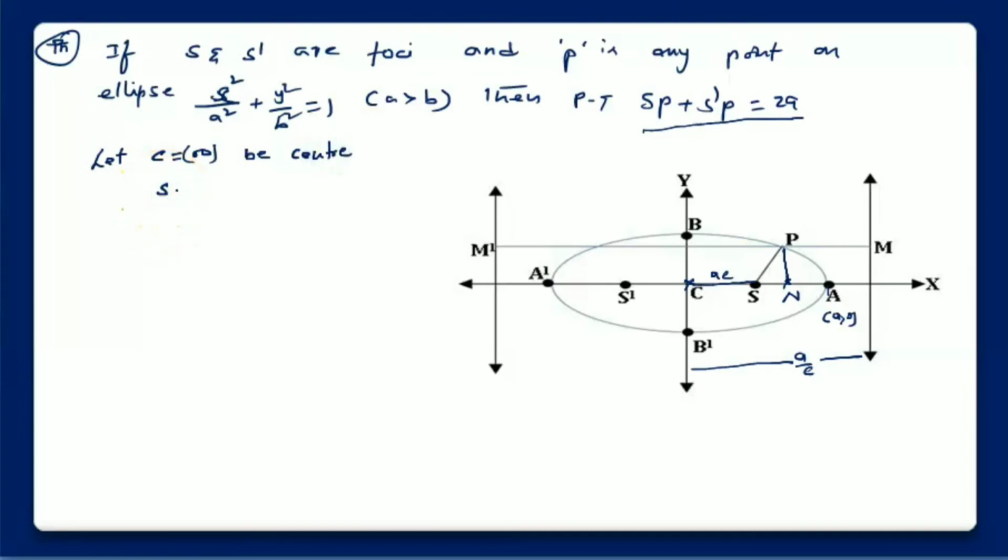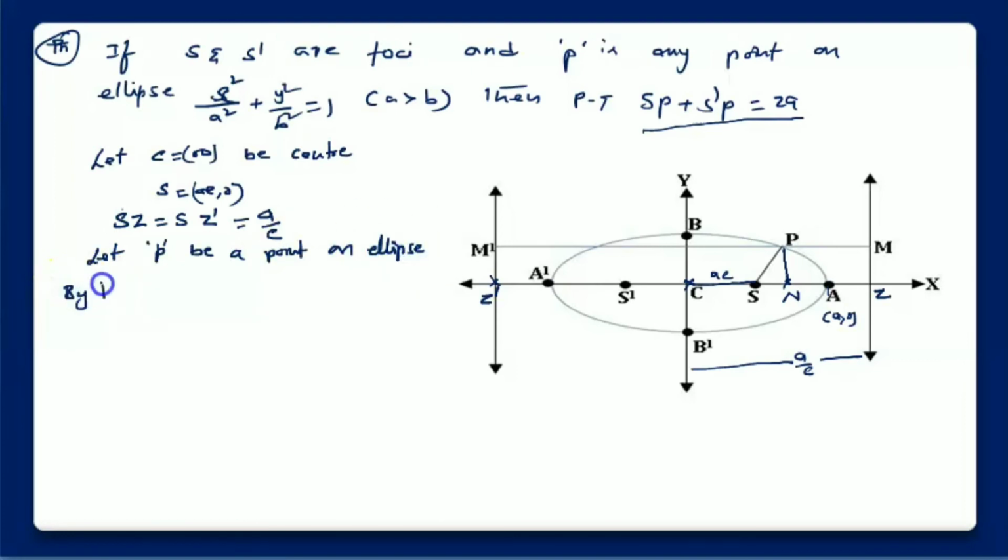S is equal to (ae, 0). SZ is equal to S dash Z dash, which is a by e. So let P be a point on the ellipse.